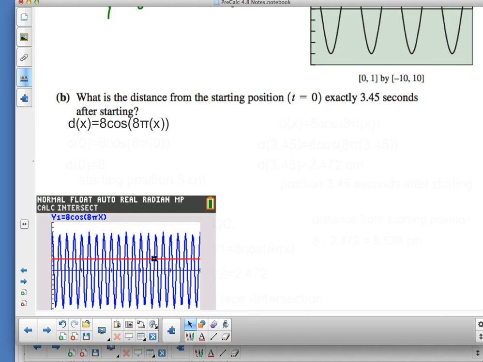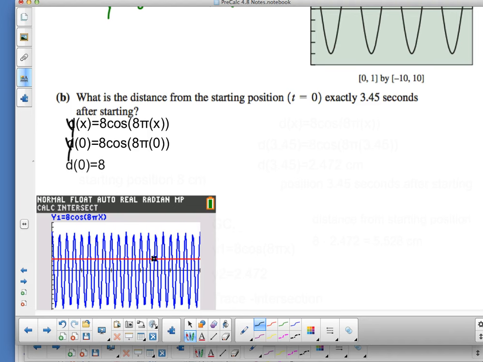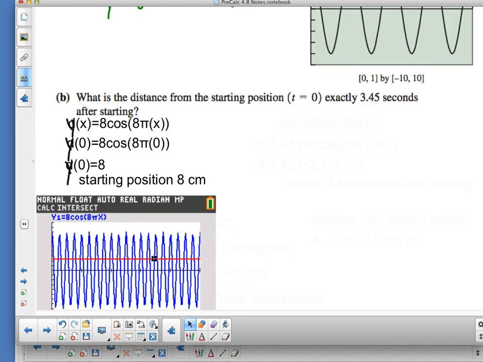So I'm going to look at this, and this is, again, my y. And I'm going to pop that through at 0, and we have our distance d, which is y, and this is our original starting position, 8 centimeters. Now, remember, that's 8 centimeters up here.